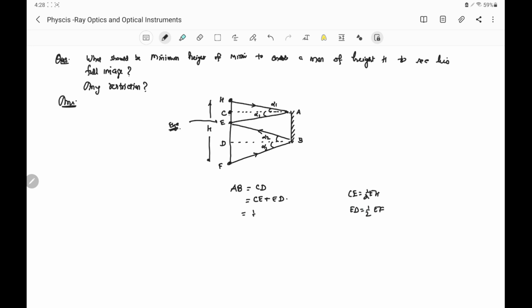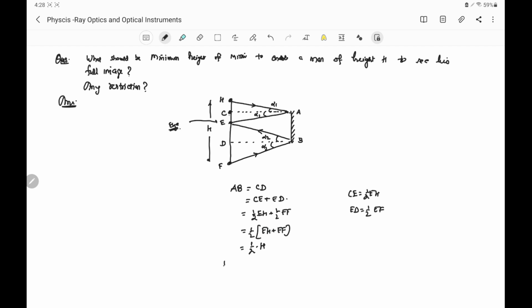So we can write it as half of EH plus half of EF, or half of (EH plus EF). And EH plus EF is the total height of the man, that is h.